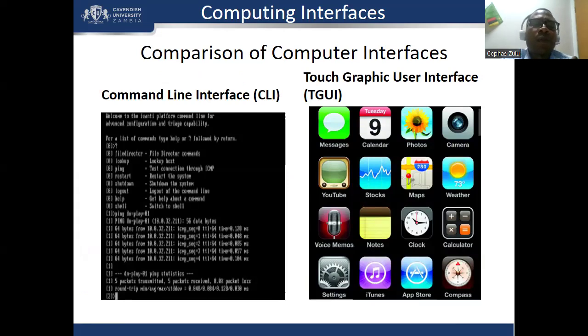But the simplest of command lines is, for example, when you're trying to do your Airtel money, and now you have to do the *115# to be able to command the money to move from one person to another. So that is also command line.